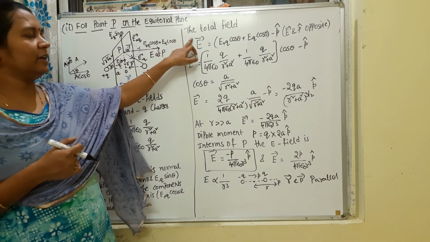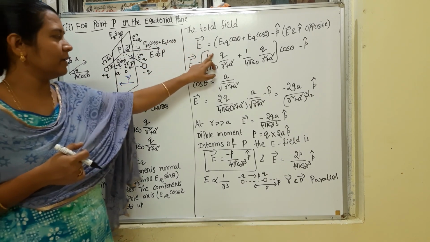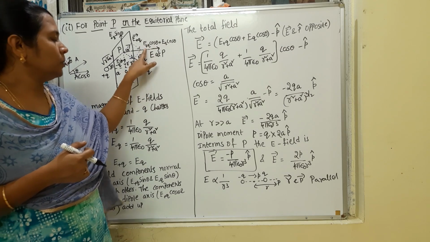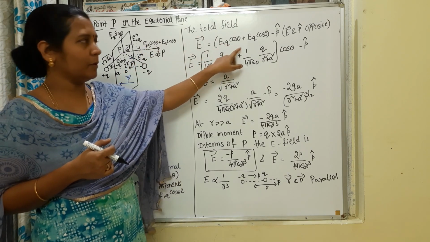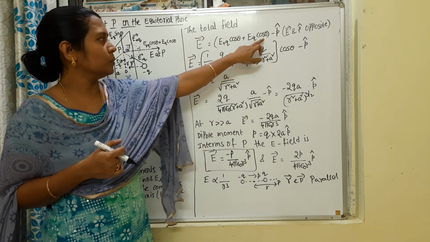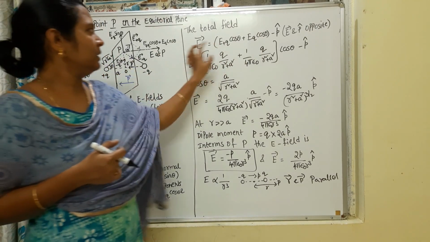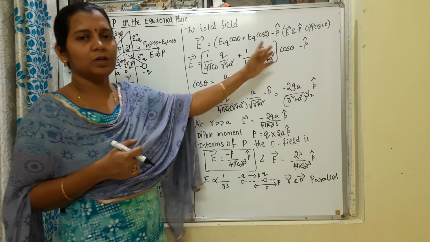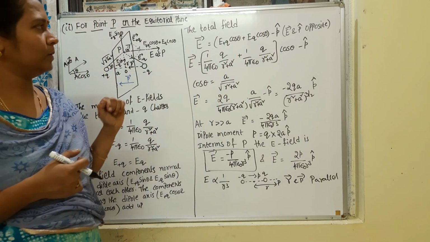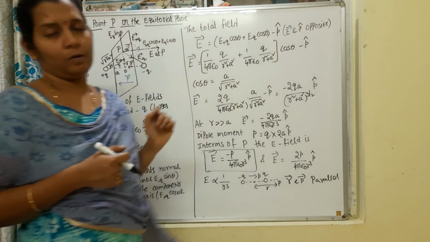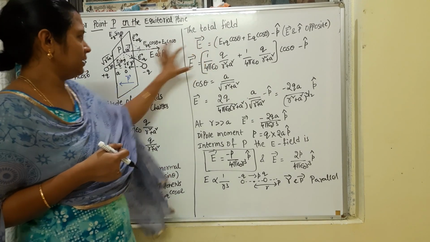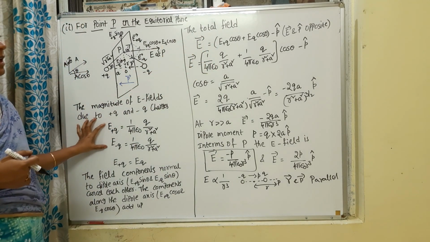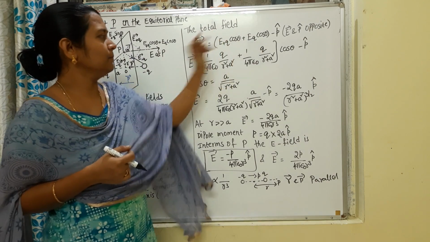So the total electric field at point P is given by the electric field due to plus Q charge cos theta plus electric field due to minus Q multiplied by cos theta, and this resultant electric field is in a direction opposite to the direction of the dipole. E and P are opposite. So by writing the magnitudes of the electric field, these two terms are the same.